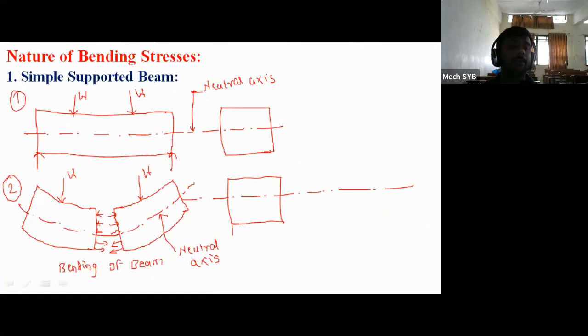Whatever the center line of the beam is there, that center line is also called a neutral axis. And now we have to use this word again and again in this particular chapter. Central line of the beam means it is called the neutral axis of the beam.